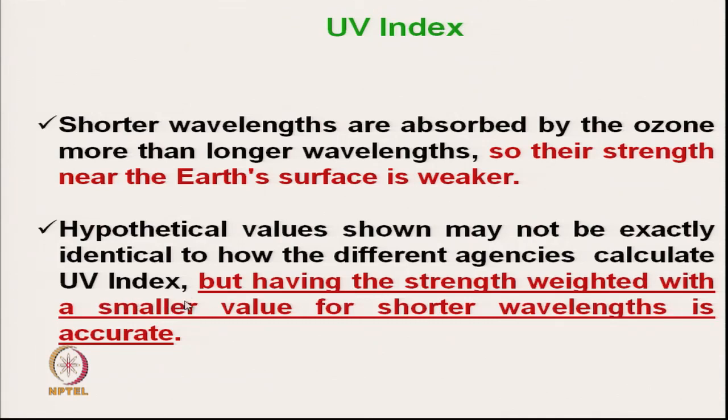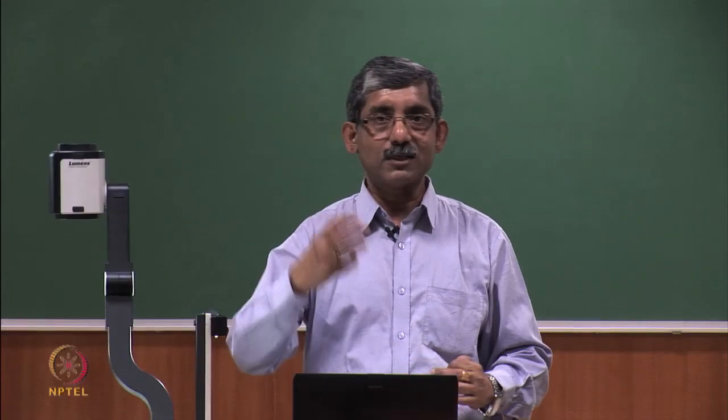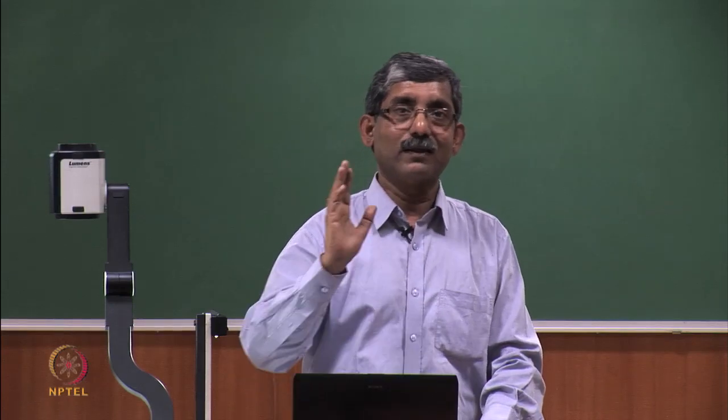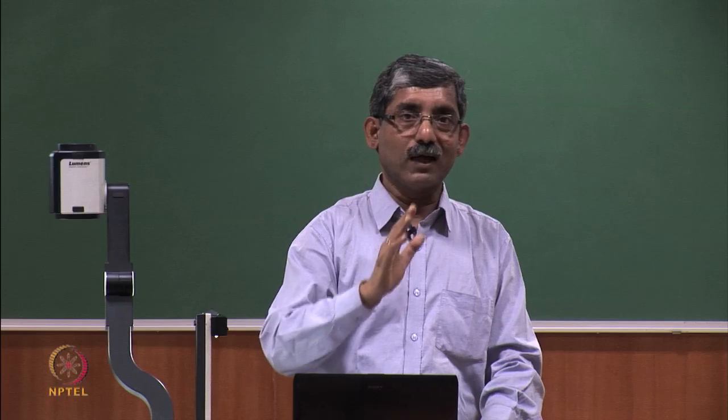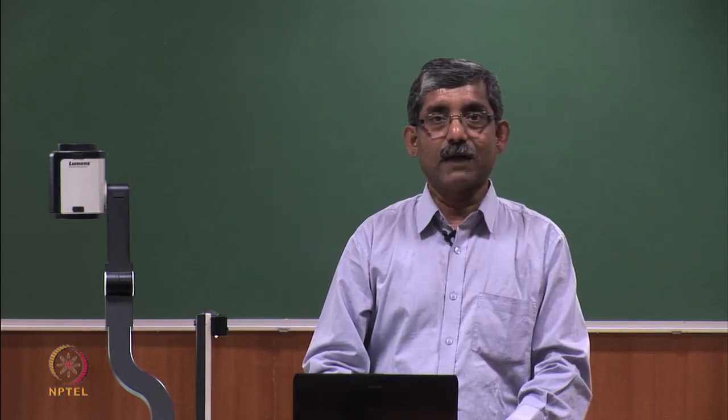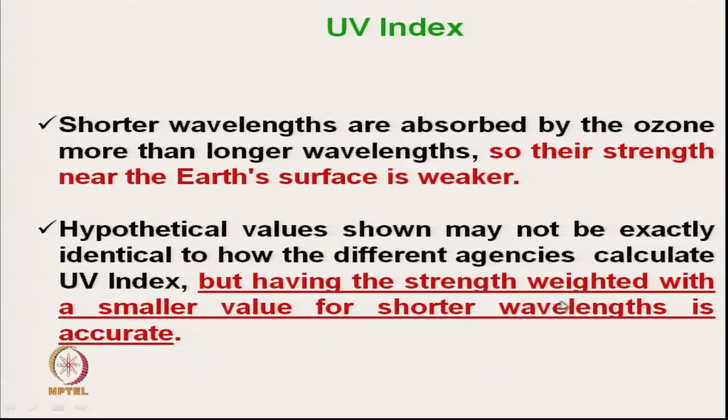That earlier table shows some hypothetical values. Different international agencies calculate the UV index. These hypothetical values may not be exactly identical, but they will definitely be close, the trend will be the same, but having the strength weighted with a smaller value for shorter wavelength is accurate. That is what I have just mentioned.